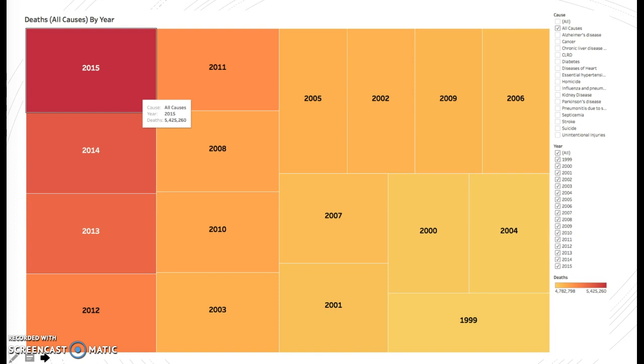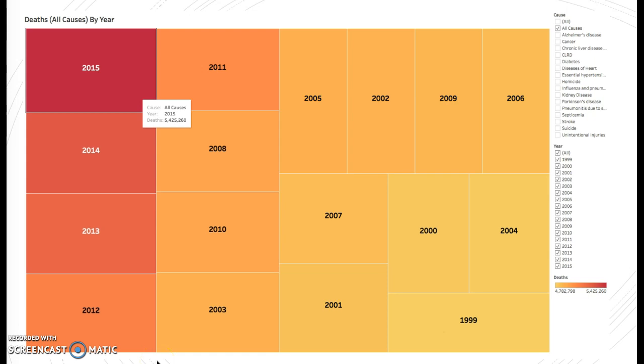Again, same color palette as the first two visualizations, and also the darker the color, the more deaths. In this case, 2015 was the leading year of deaths with 5,425,260. The year 1999 was the year that had the least amount of deaths.